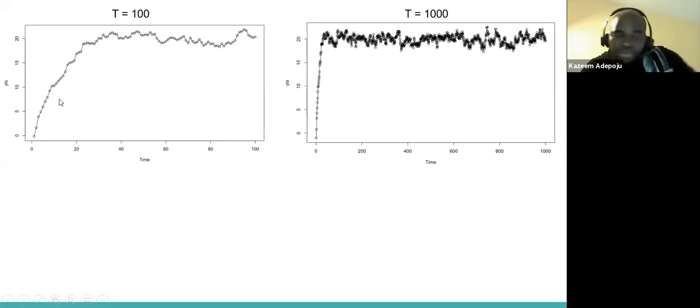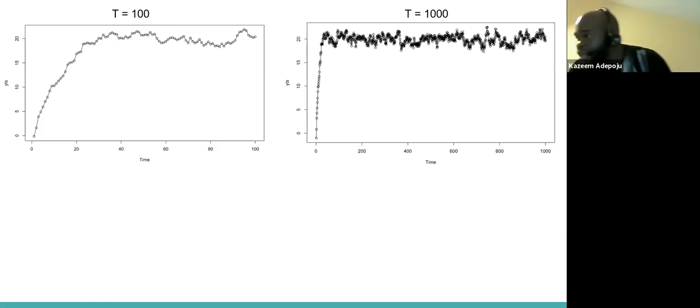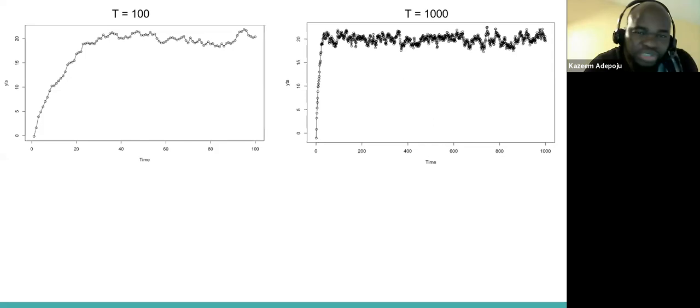But it's going to get to a point when people are following the guidelines by the CDC, maybe trying to follow the social distancing guidelines and whatever guidelines they put in place. Of course, you expect the curve to be kind of flat, but it could be flat at some time and pick up again.